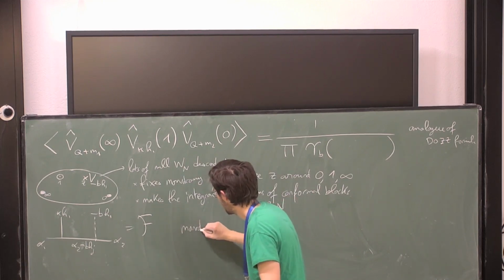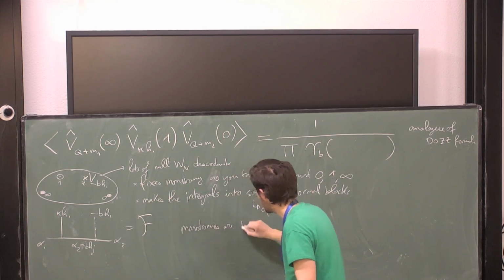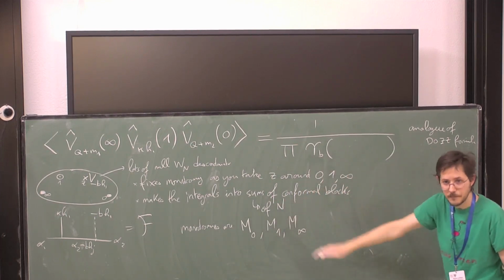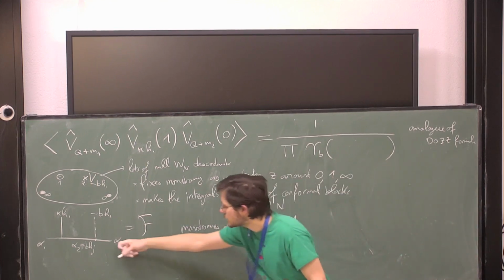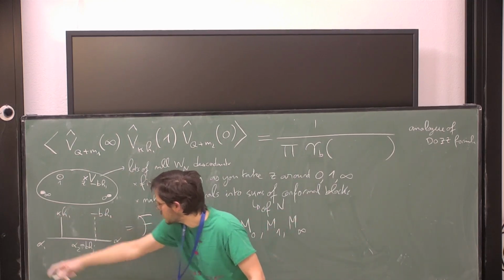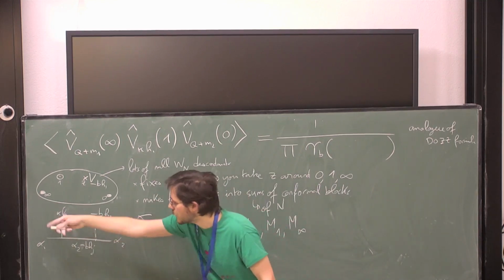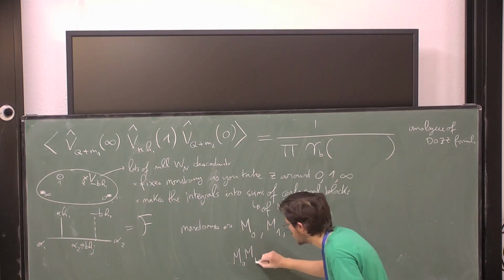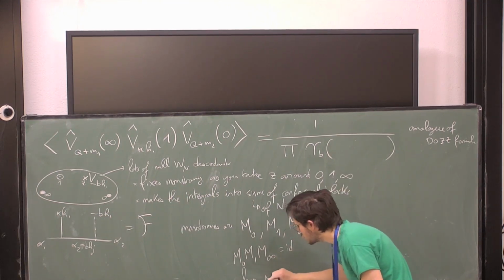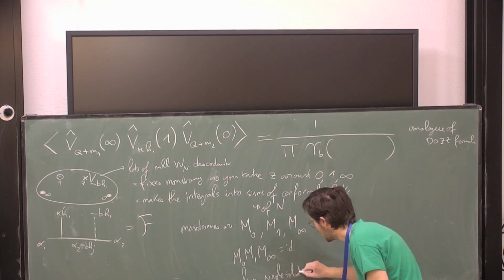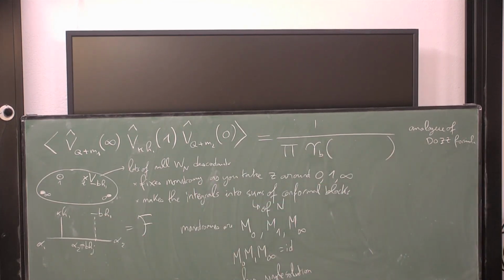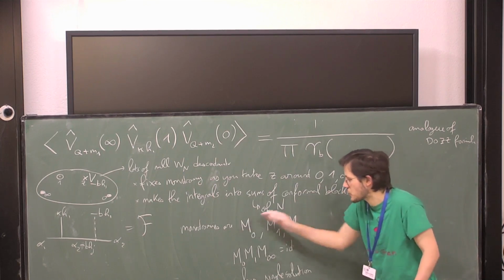The monodromies are given by 3 matrices, M0, M1, and M infinity, that are n by n, such that you know the spectrum of M0, related to the momentum here. M1 is related to the momentum here, M infinity to the momentum here. And if you go around all 3 punctures, you go back to a trivial loop, so that M0 M1 M infinity equals the identity. And this actually has a single solution in the case where one of the momenta has this special structure, such that the spectrum is less general than just 3 arbitrary spectra.